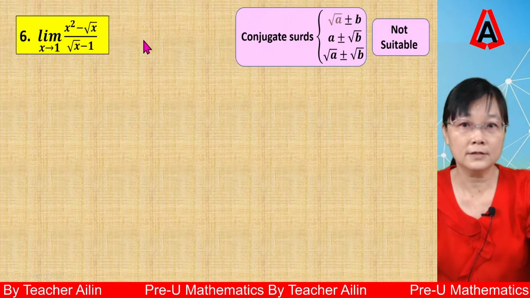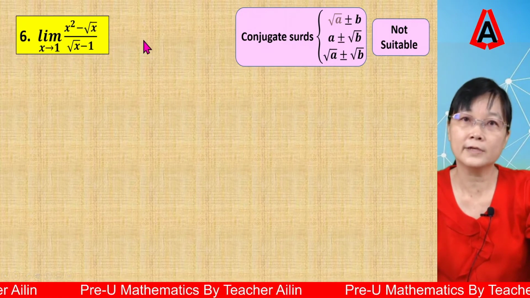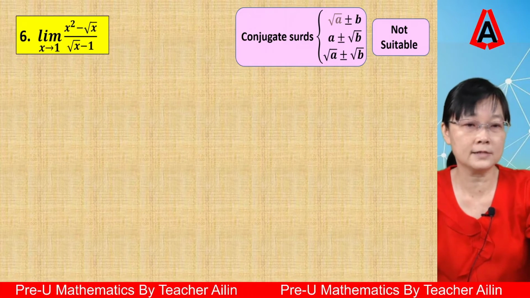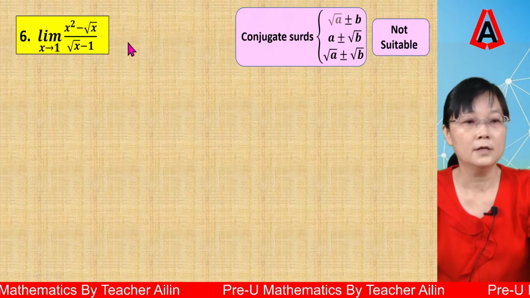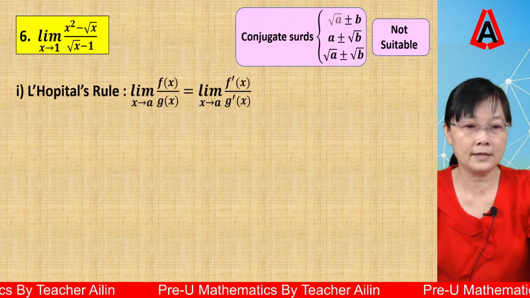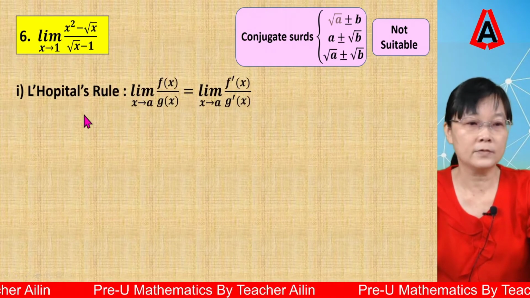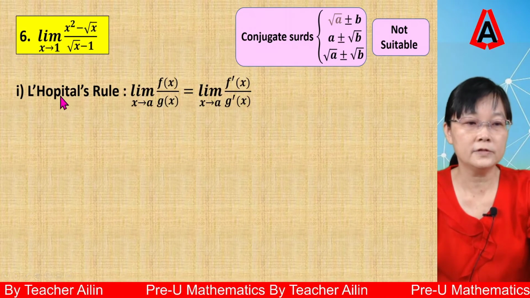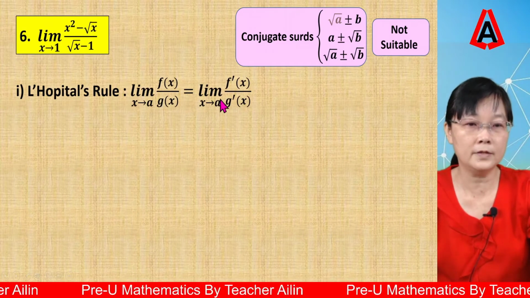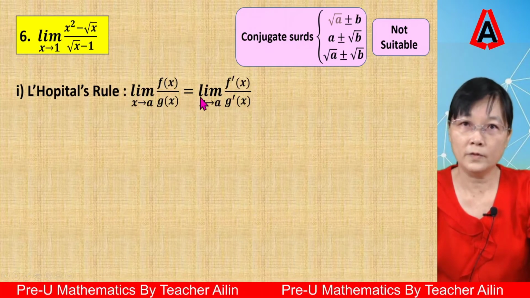So not all the time will multiplying with the conjugate help you to find the answer. Now since the conjugate is not suitable, I'm going to use another method. That is, I'm going to use L'Hopital's rule. So remember, if you want to use L'Hopital's rule to find the limit, you must write out the formula.